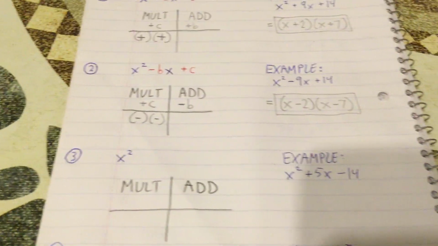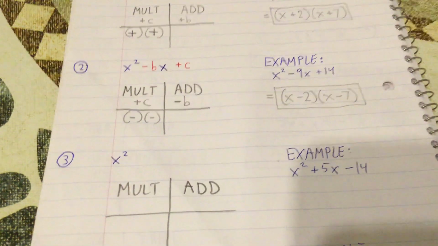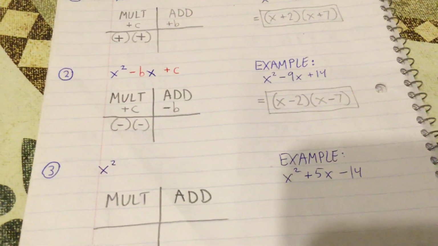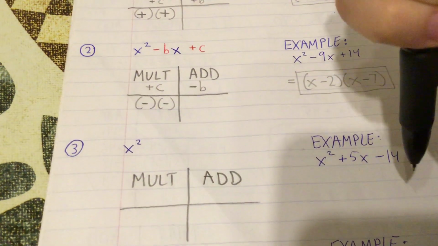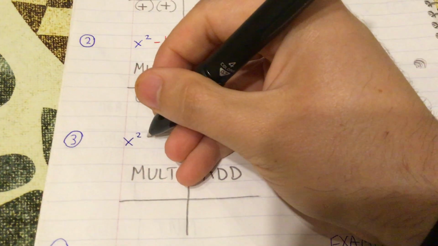Moving on. So let's say I give you case number 3. Let me get my multicolored pen. So what if I give you, in this case, x squared plus bx minus c?